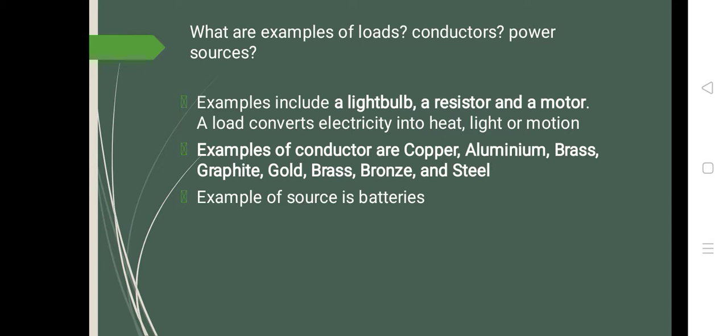Examples of conductors are copper, aluminum, brass, graphite, gold, bronze, and steel, and etc. But the main conductors are gold, silver, and bronze. Then an example of a source is batteries, because batteries have power stored in them.